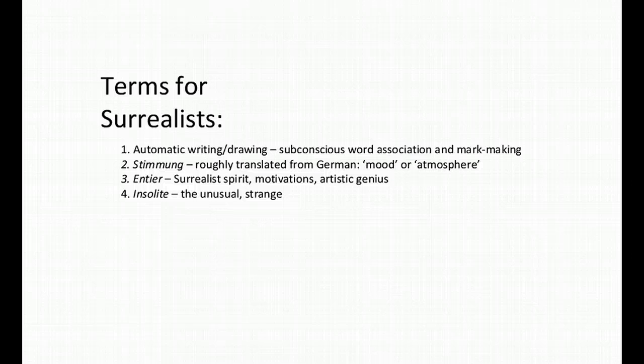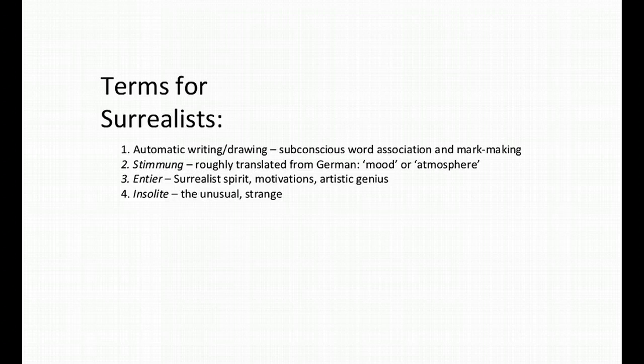Here's a few important terms for the Surrealists that we have. I recommend writing these ones down. First is automatic writing and drawing. This was something that was employed by both the writers and the visual artists associated with Surrealism.